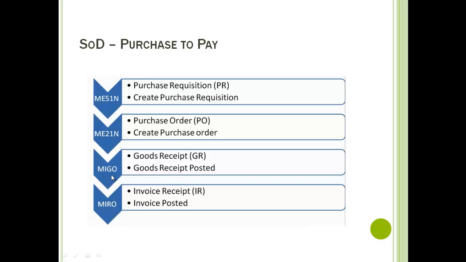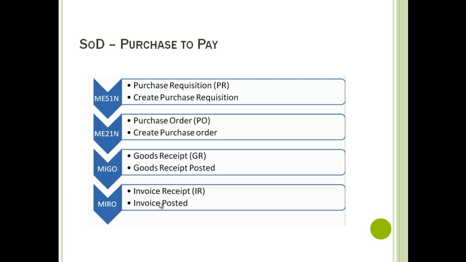In a normal scenario, we go to the transaction and enter the purchase order we have issued. Based on the invoice, we do the invoice verification. Then the goods is posted, which means some stock comes into your warehouse or the stores. Once that is done, MIGO is done, then the invoice is given to somebody else to do the posting.